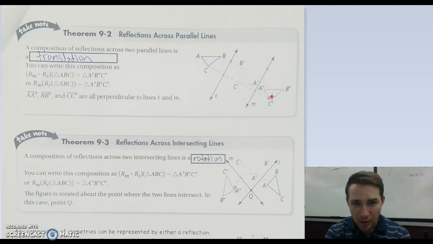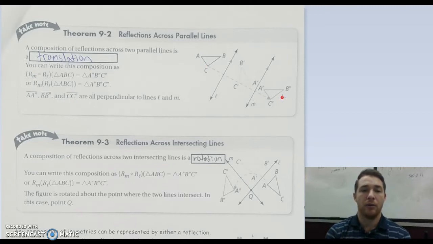A little bit harder to see that triangle in the middle there, but I can make two reflections instead of a translation. If I reflect a figure once over line L, and then reflect that again over line M, that results from start to finish in a translation. So again, if those lines of reflection are parallel, that's going to make a translation.